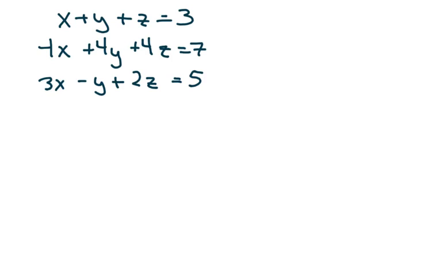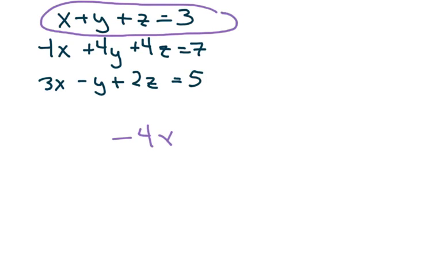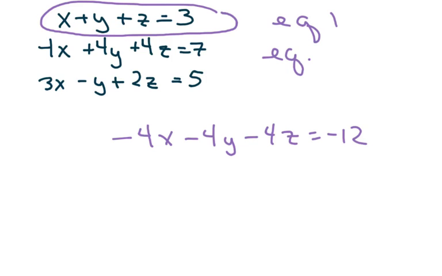Now what I'm going to do is go ahead and take this top equation and multiply it by negative 4. So I get negative 4x minus 4y minus 4z equals negative 12, and add it to, this is equation 1, this is equation 2, equation 3. Add it to equation 2.